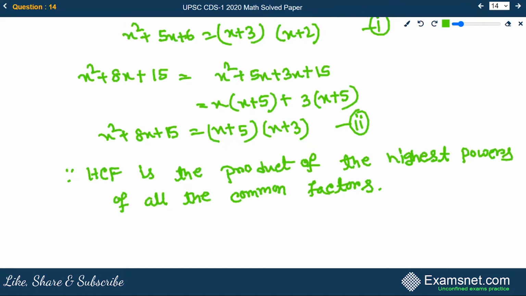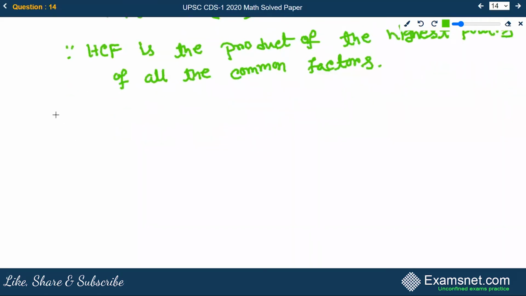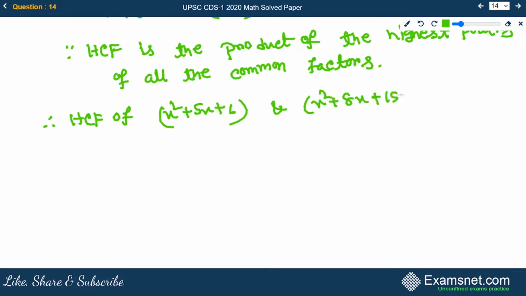That is the highest common factor. HCF of x square plus 5x plus 6 and x square plus 8x plus 15, that is x plus 3.